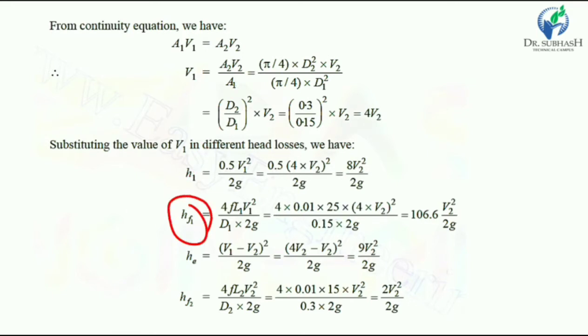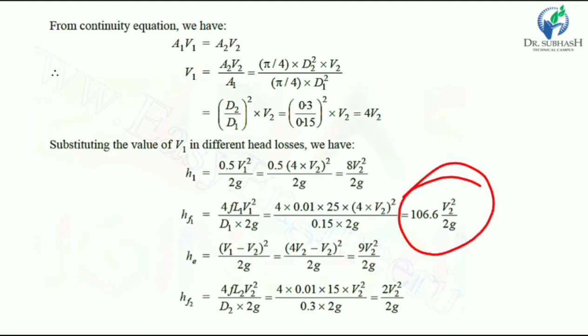For the head loss due to friction, we put in all the values: friction coefficient, length L1, and the value of V1, which is 4 V2. Finally we get 106.6 V2 square upon 2G for the head loss due to friction for section 1.